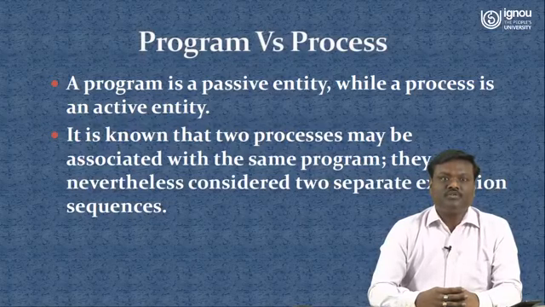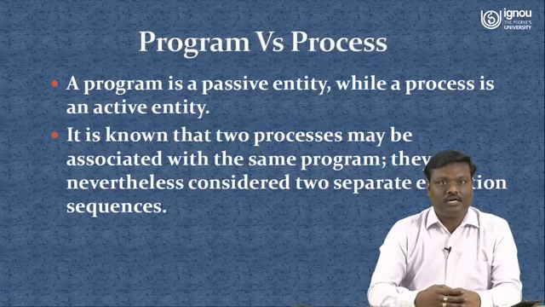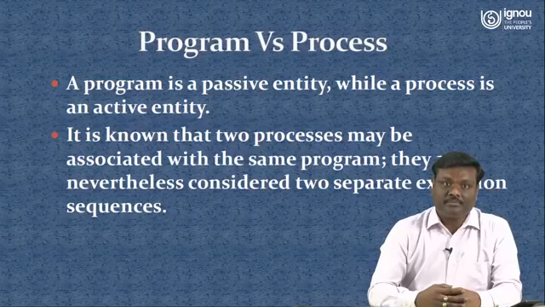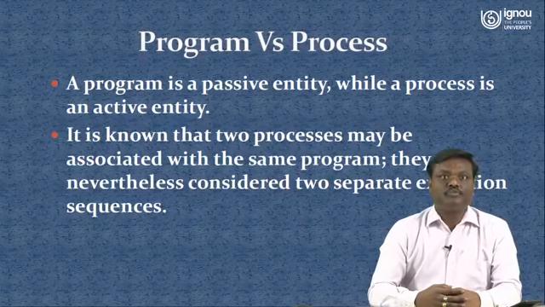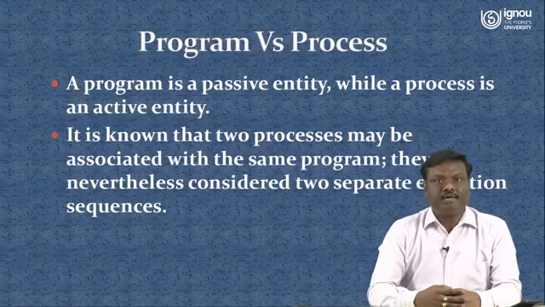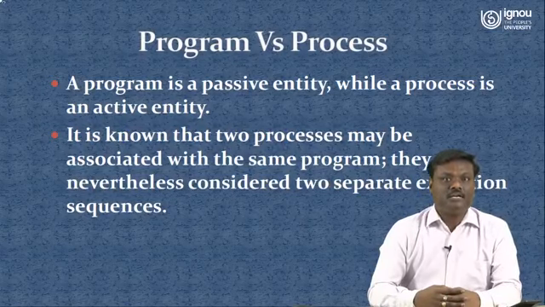It is known that two processes may be associated by using fork or threads. Whenever a program is split into some processes, those may be running in parallel, some may be dependent, some may be independent. Then also we say that a main process is split into sub-processes.